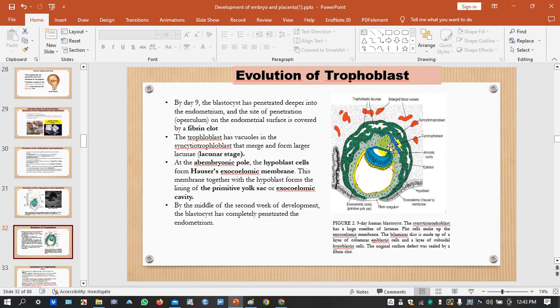We have the cytotrophoblast, and the green thing with the lacuna system is the syncytial trophoblast. And we have the amniotic cavity that the baby would be drinking and urinating and defecating inside at the same time. And we also have the exocoelomic space that will lead to the formation of the umbilical cord.